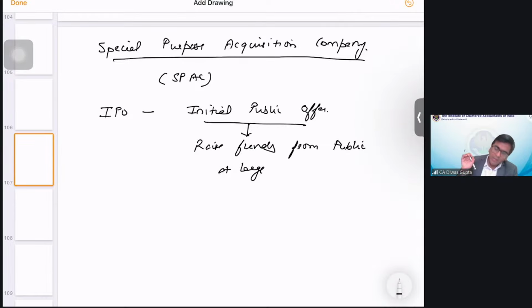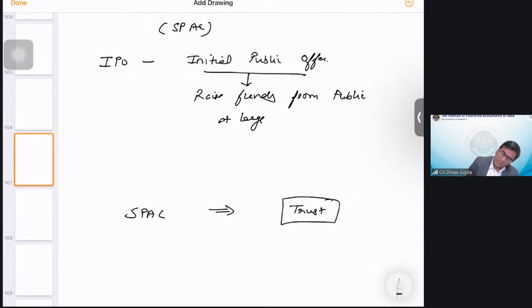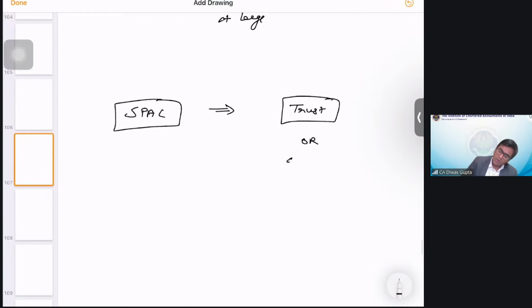Okay. Through this IPO, they will raise funds from the public at large, and then they will keep those funds in a trust or an escrow account. That means they will not be using it directly.